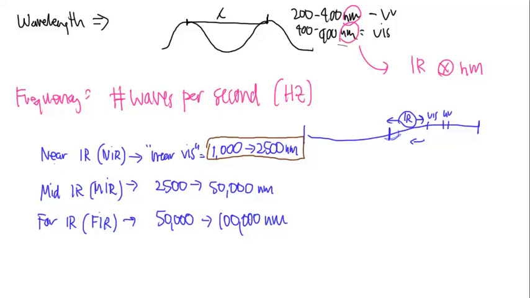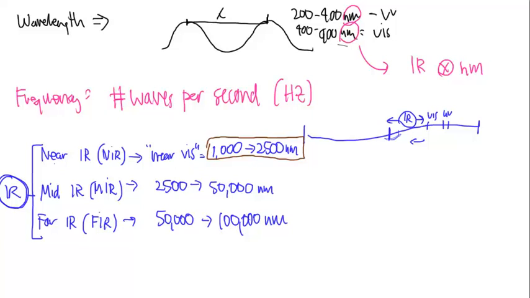So all in all, near, mid, and far is what we label as the infrared region. And that means that infrared goes from 1,000 to 100,000 nanometers. Huge.